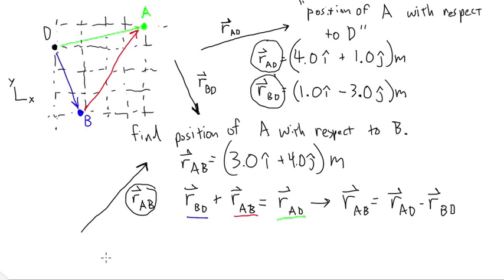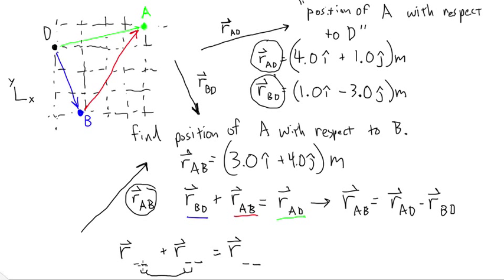So to make a valid vector addition statement using these, you're going to have R something something plus R something something equals R something something. And the trick is that this subscript and this subscript have to be the same.